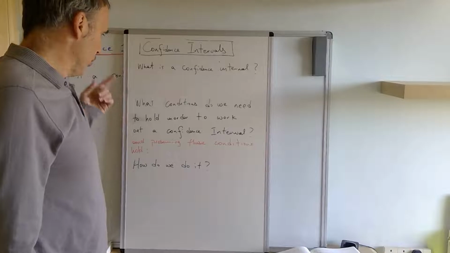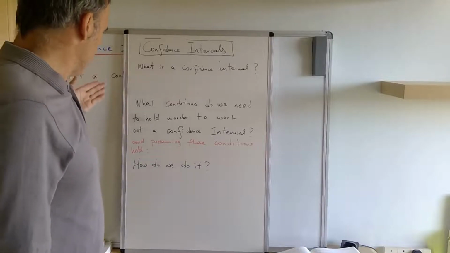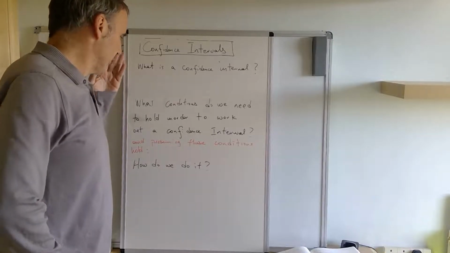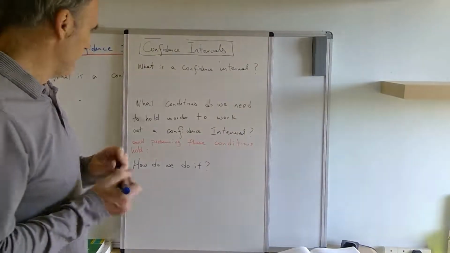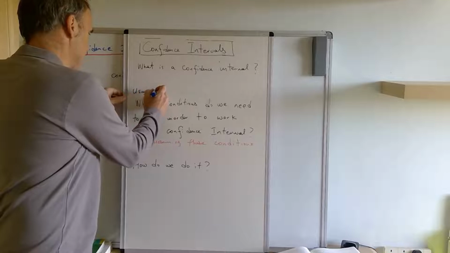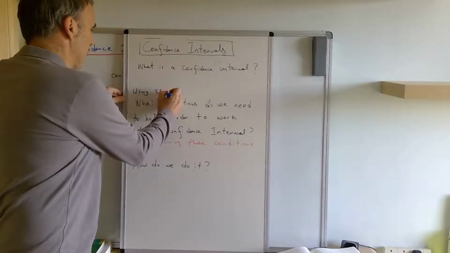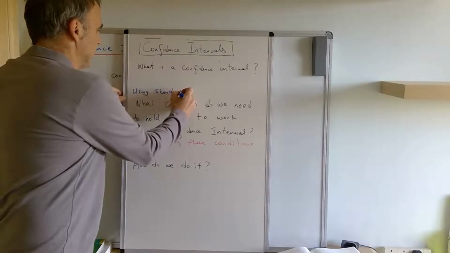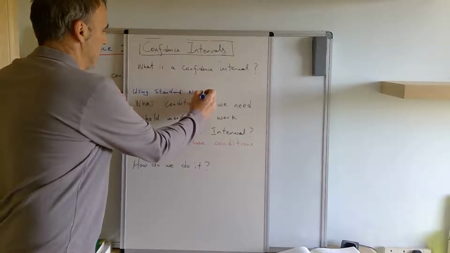Then, quite importantly, what conditions do we need to hold in order to work out a confidence interval? I should probably be a bit more specific there: using the standard normal distribution.